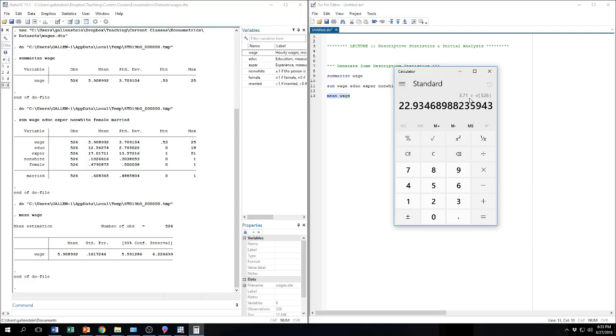Something is not quite right in my calculation here. Let's do this a little bit differently. 3.71, right?